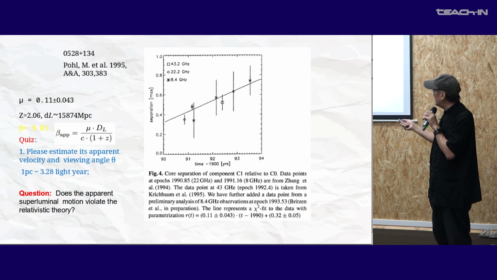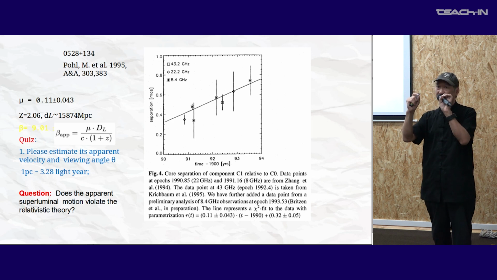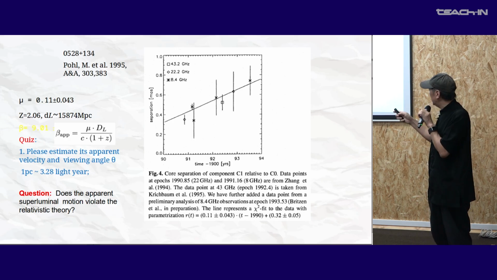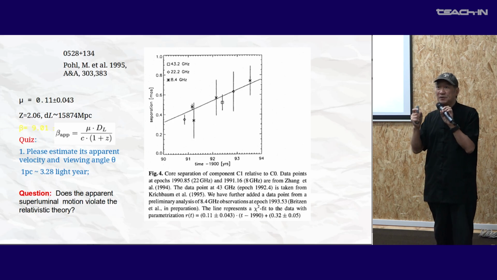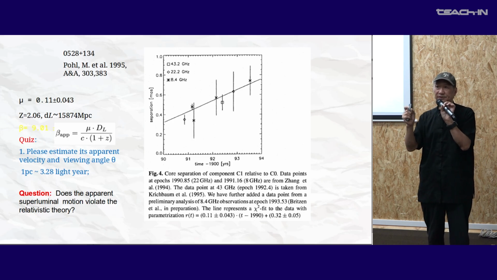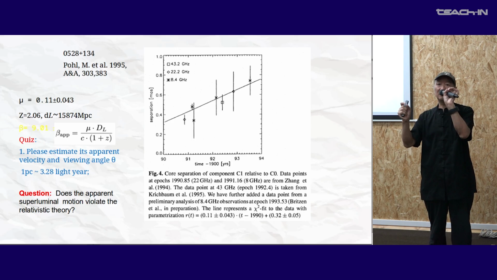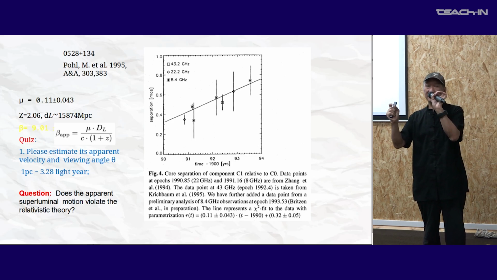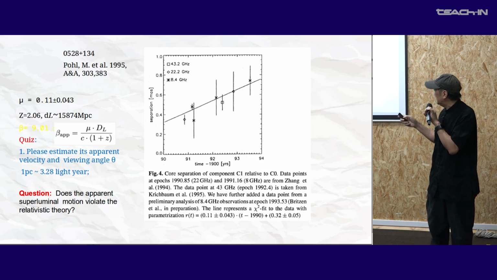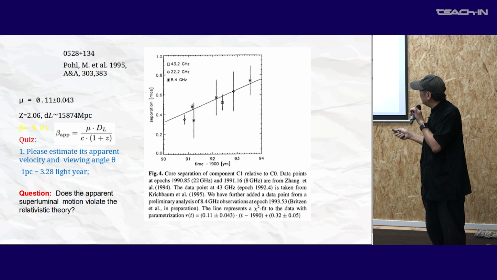This is the observation time, and this is the distance of the two components. Then we can do the linear fit. Then this slope will show us how fast the point goes away from the core, and we call it the proper motion velocity.